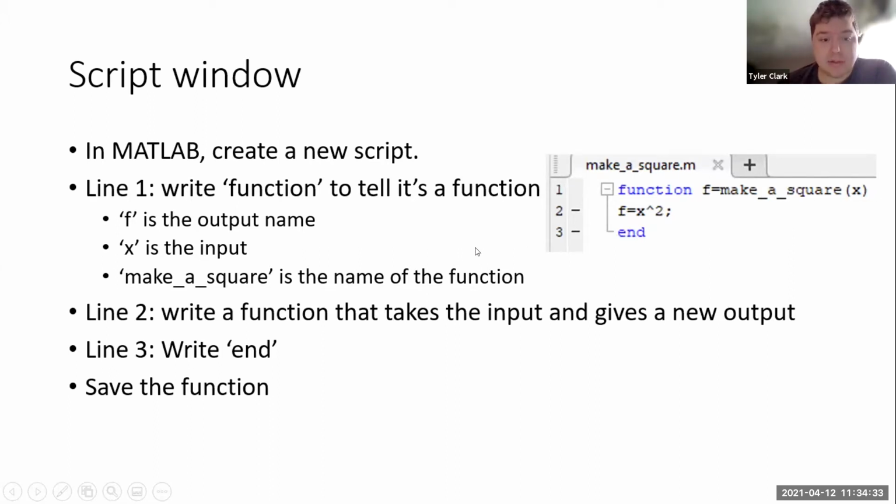In line 2, you write the function that you want to do. Like in this case, I called f the output, equals x squared, x being the input, and f will be the new output it gives. And then on line 3, you write end, and once you do that, you save the function and it'll come out as make a square dot m.